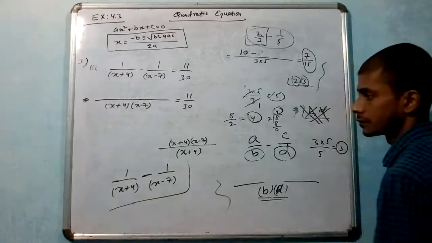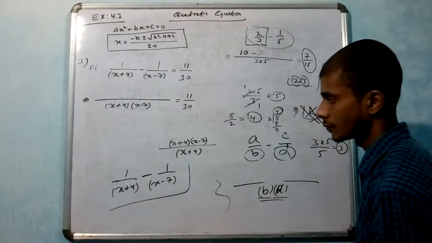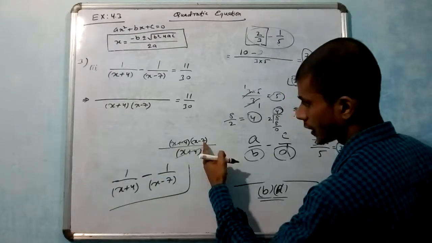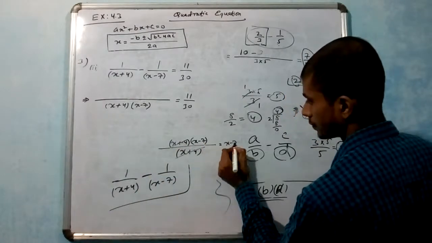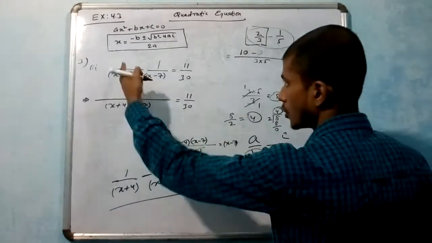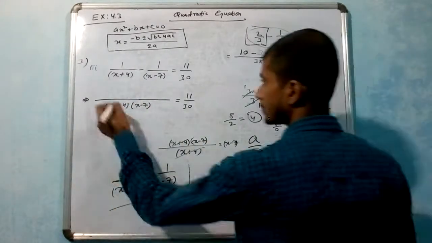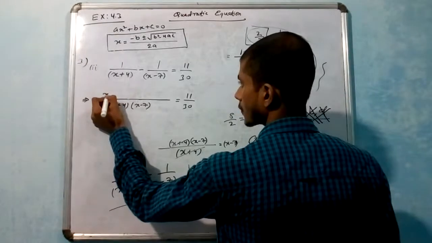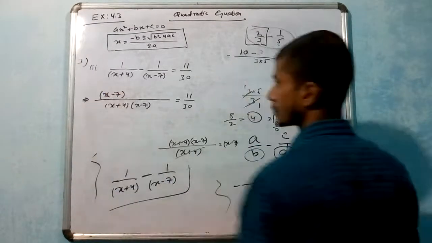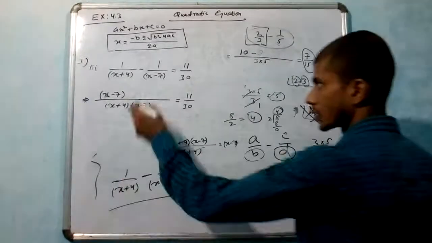Next what to do? Yes, this whole will get cancelled and you will get quotient as x minus 7 with numerator. And how much it is? Fine. Next done. First fraction work done.